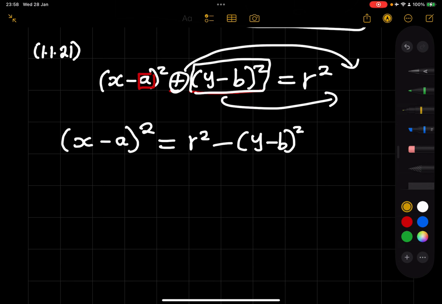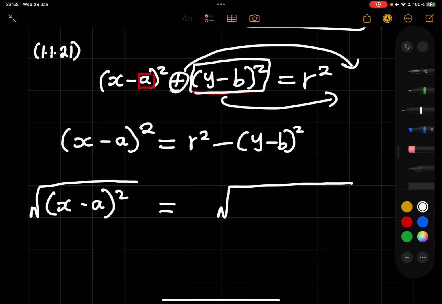Now we need to remove the square. Remember, ladies and gents, we remove the square by square rooting both sides. So we're going to have x minus a, which equals the square root of r squared minus (y minus b) squared.